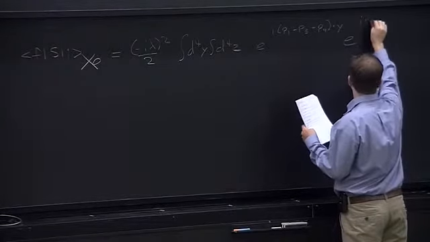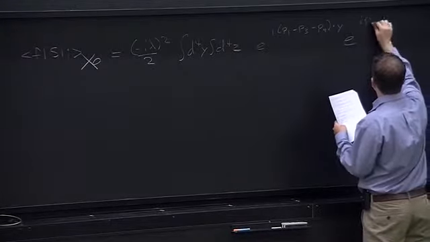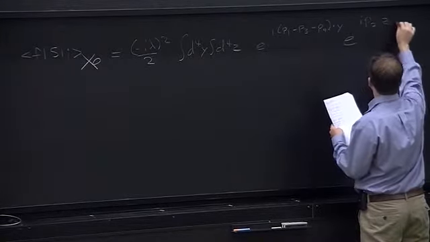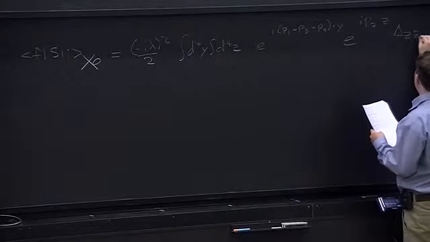This time, some of the x's are set to y, and one of them is set to z. And also, this time, we have 2 Feynman propagators left over.